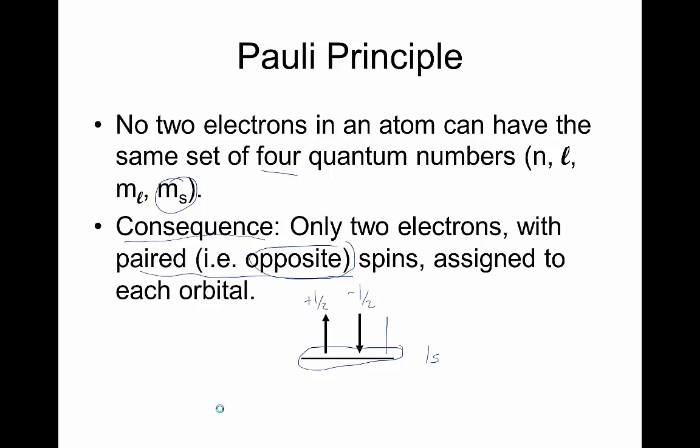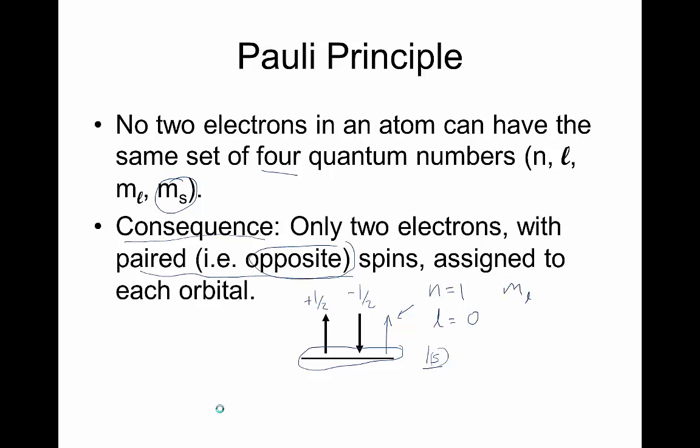So for example, if I tried to put another electron with spin up here, let's list the quantum numbers that this electron would have if it is in the 1s orbital. So the n quantum number would be 1 because we're in the 1s. The l quantum number, remember the letter here tells us what l is. l would be 0.